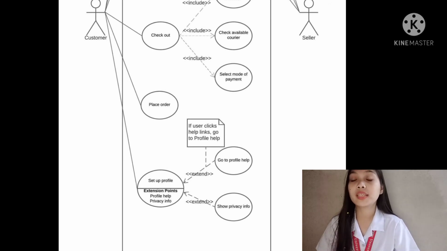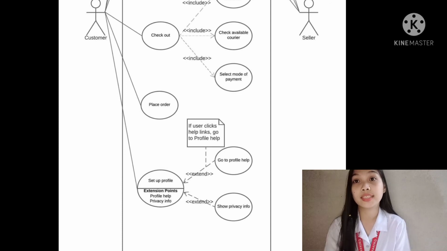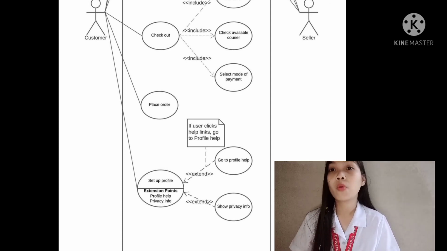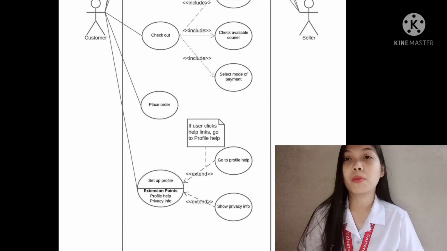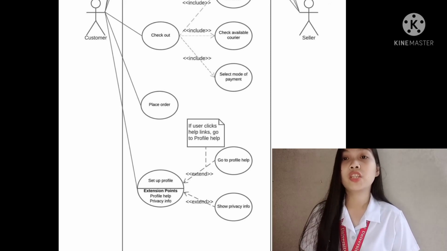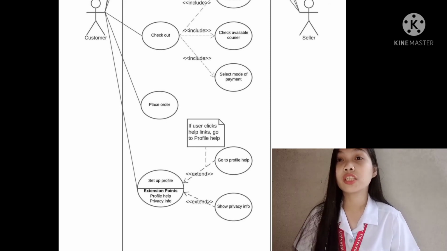And now we will discuss the extend relationship and its extend use case. Now we will create a new use case which is called the extension point. Our extension point is the setup profile. Our extension points are a more comprehensive version of our extend relationship. This demonstrates that our system, the Shopee app, allows customers to create a profile.